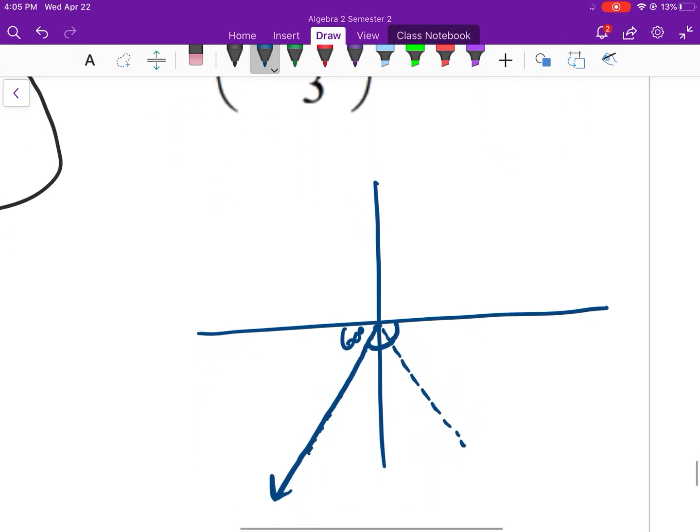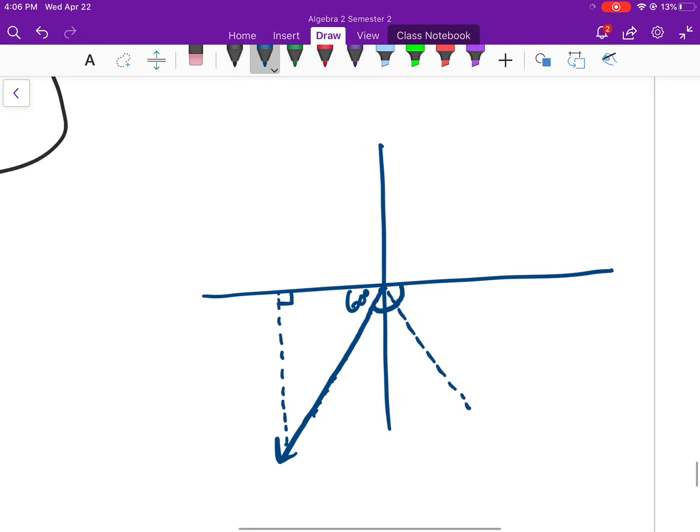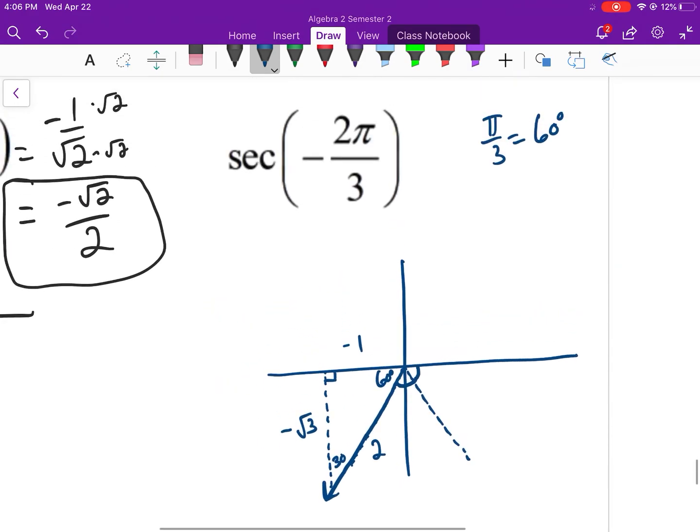Okay, so we've created our reference angle, and if we do our altitude, we have created a right triangle. Since it's 60 degrees there, we got a 30, 60, 90. Opposite of 30 is 1, hypotenuse is 2, square root of 3. Again, we went left, so negative, and went down, negative. And what we're evaluating is secant, which you need to remember is the reciprocal of cosine.